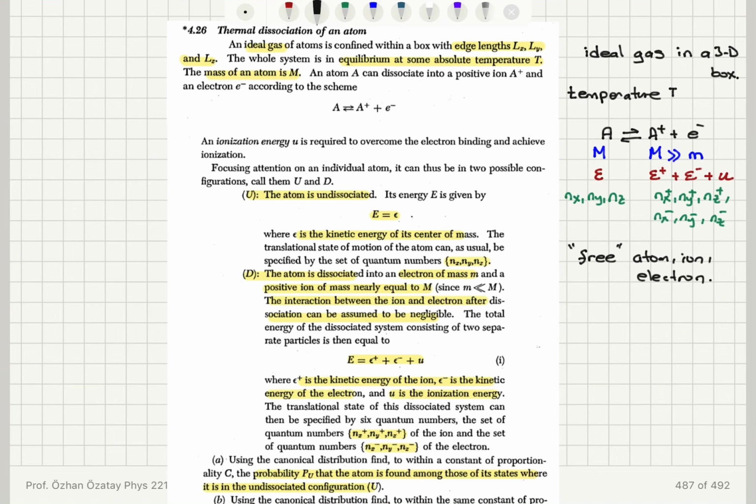For the dissociated case, we have electrons and ions whose kinetic energies are shown by 6 quantum numbers, plus the ionization energy required.